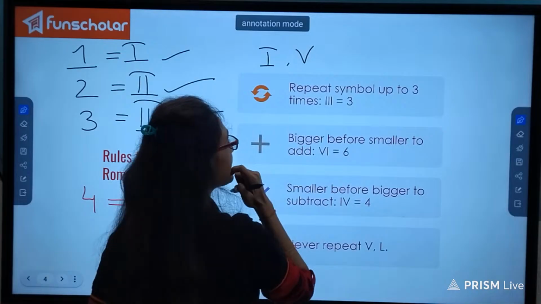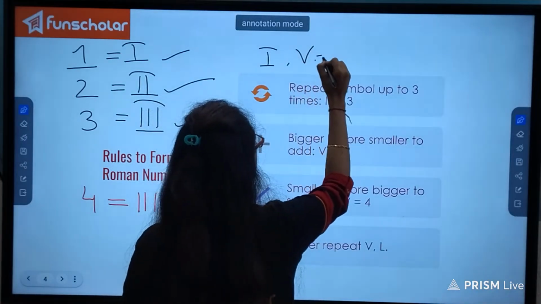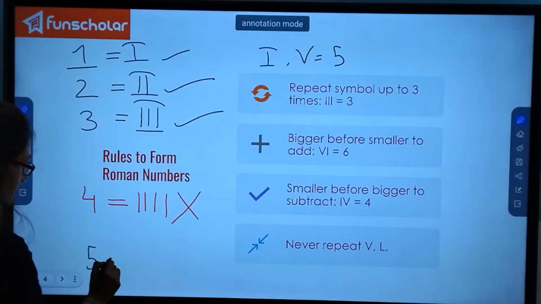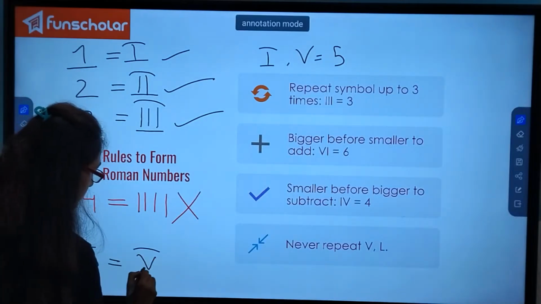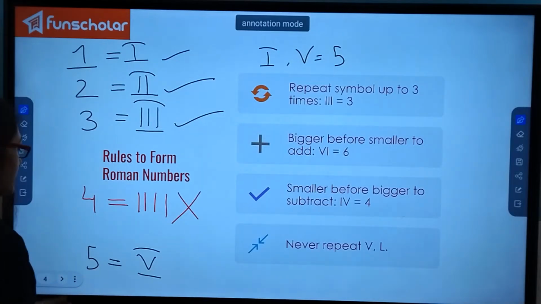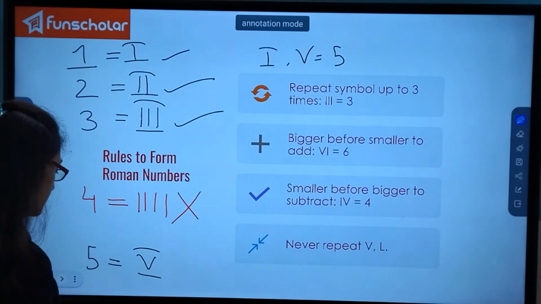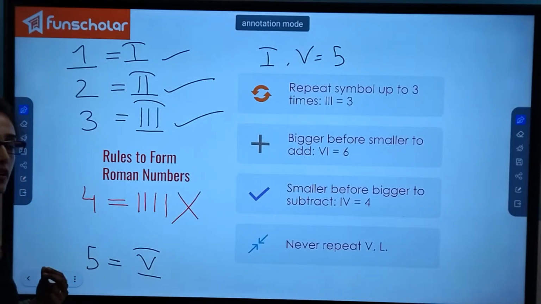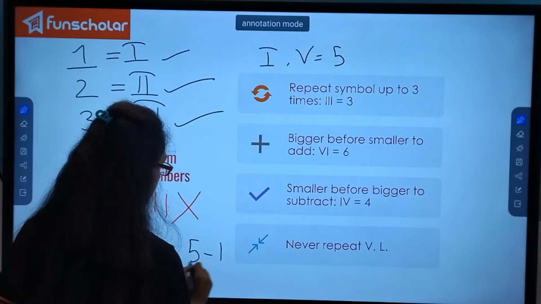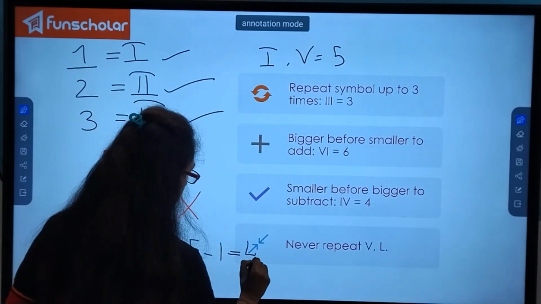That is represented by an alphabet, that is 5. So let me write 5, which I have represented as V. Now in mathematics, how do you make 4 from 5? Simply you subtract 1 and it becomes 4.